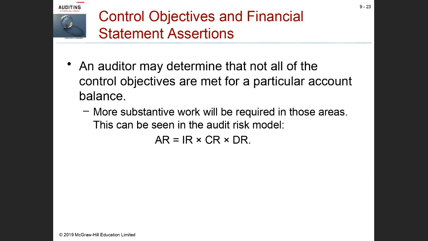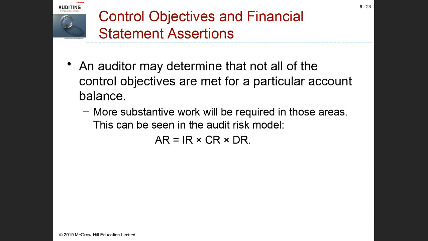On the other hand, if the risk of material misstatement was decreasing, because the internal control system is strong, that means DR can increase, right? So the risk of material misstatement is decreasing, DR can increase, assuming you want to keep AR constant. How do auditors allow detection risk to increase? They do fewer substantive procedures.